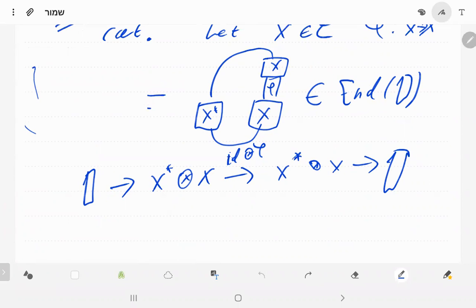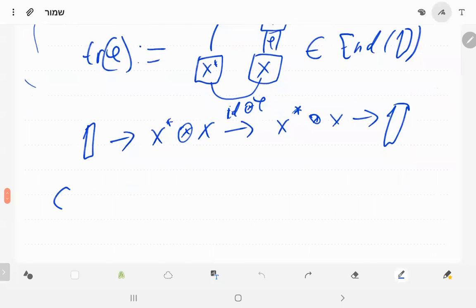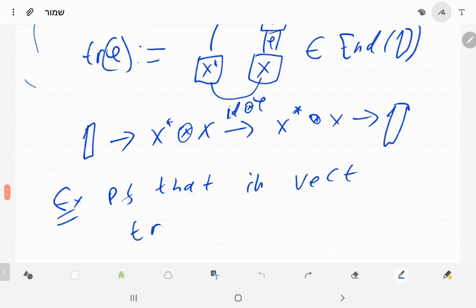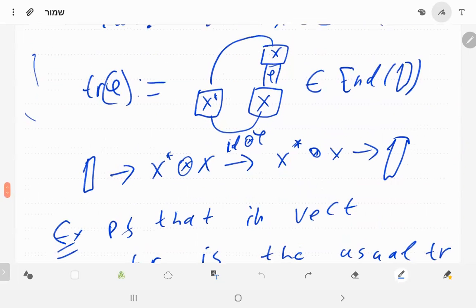So this is defined to be the trace of phi. And exercise: prove that in Vect trace is the usual trace. Yeah, it's rather simple, this is one of the ways to define trace.